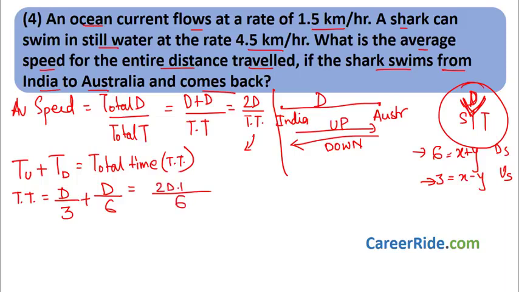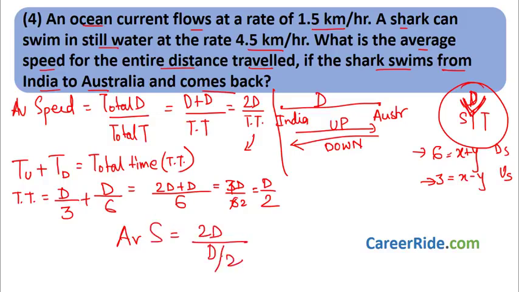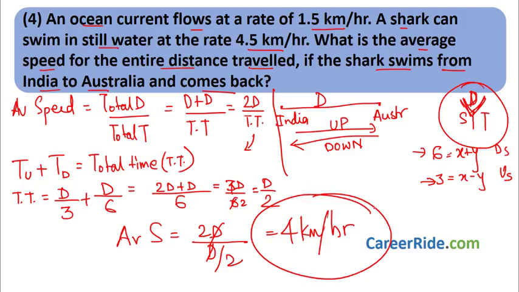We will have 2d plus d equal to 3d upon 6, which is d by 2. So average speed is nothing but total distance 2d upon total time d upon 2. This d gets cancelled, 2 gets over here, 4 kilometers per hour. This is the average speed of the shark for the entire distance traveled.